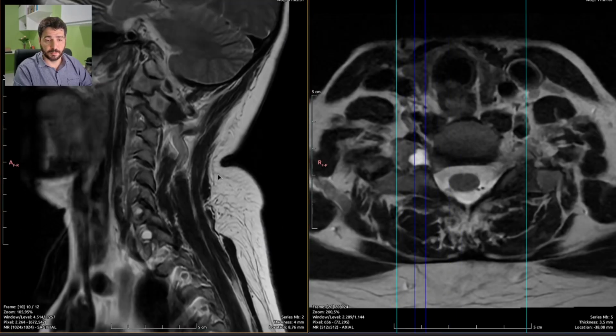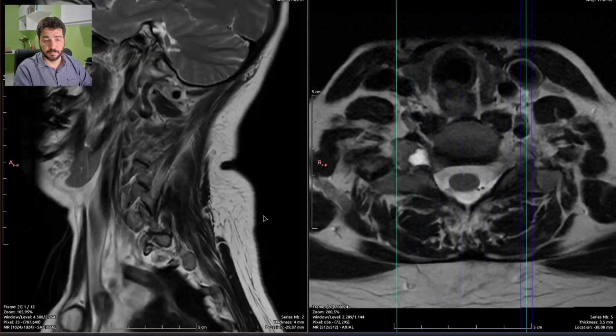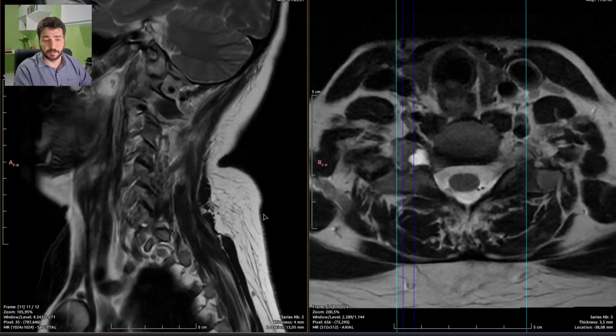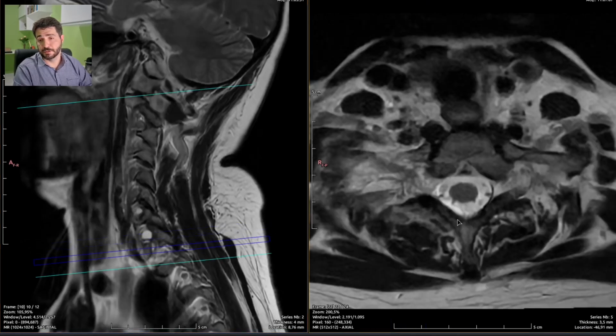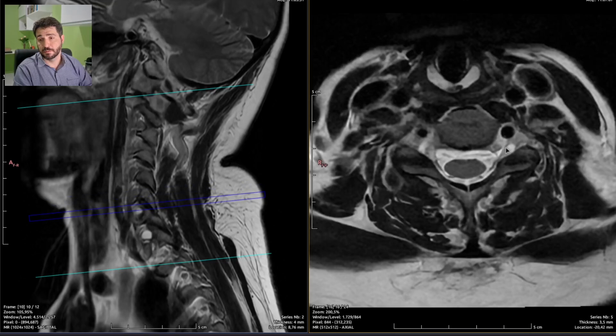Now, there are some cysts on the foramen. These are meningeal cysts. They're pretty common.